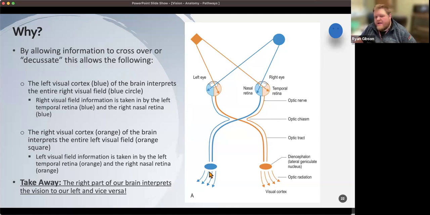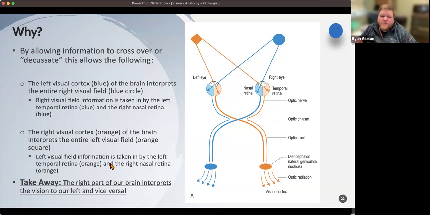And those are going to go back and be programmed to that left visual cortex. So our temporal retinas, the information that comes from those, does not cross, does not decussate. And that's where the percentages come from. The percentages are the percentage of axons that decussate at the level of the optic chiasm, which in a dog equates to about 25% of the retinal real estate being involved in this visual field.